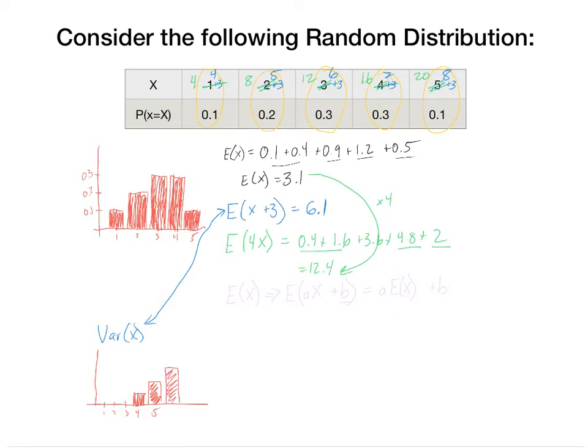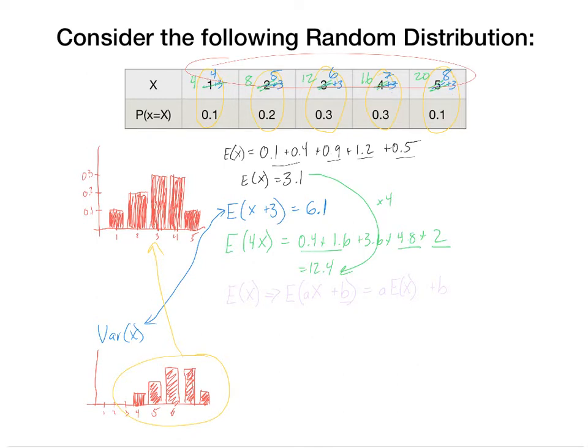And I'm using the blue numbers that were up here above, 4, 5, 6, 7, and then 8. Okay, look at the spread of this compared to the original one. The spread is the same, right? We just took the whole graph and we shifted it over 3 spaces.